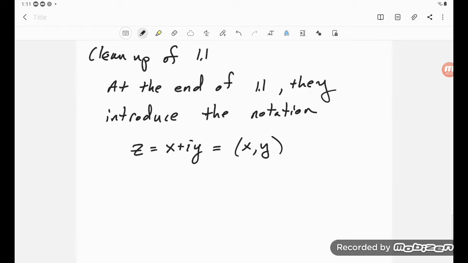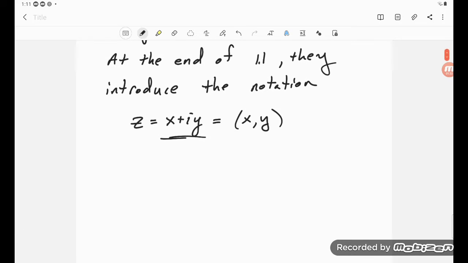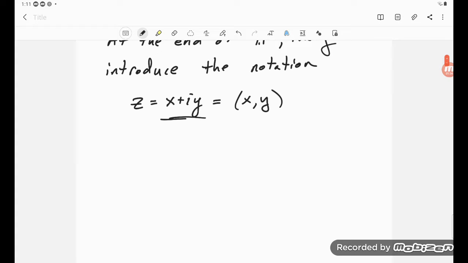And typically we'll use the x plus iy, I think, for a lot of what we do. But they point out that the i is definitely there.